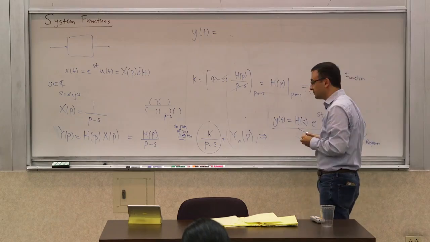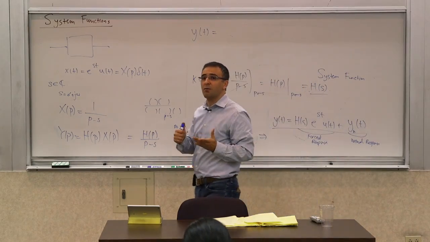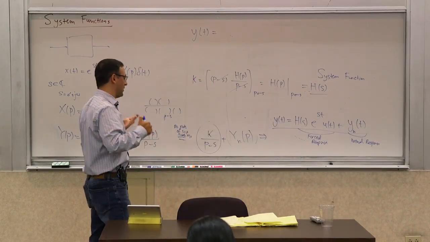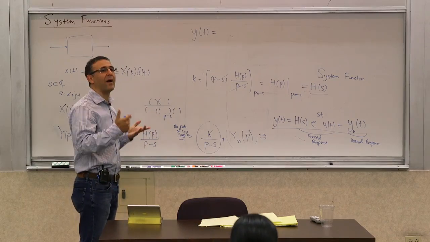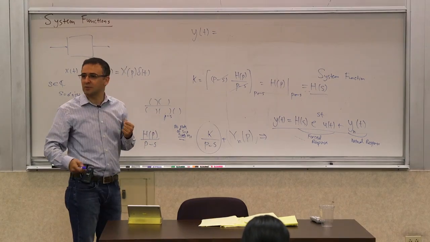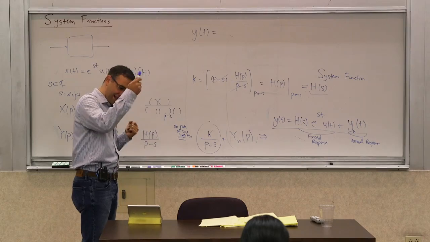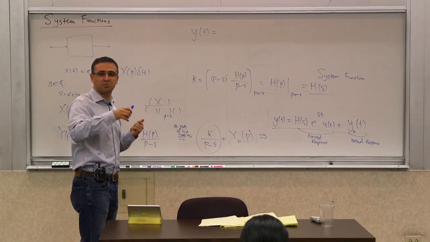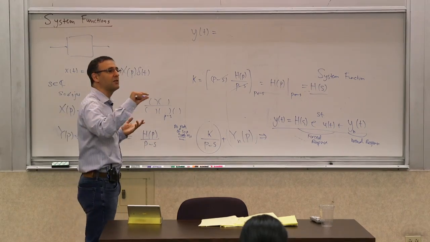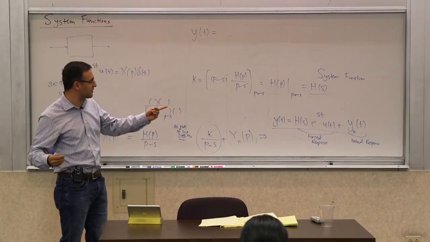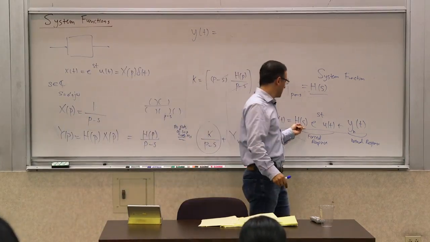It says the forced response of the system is just what you hit it with, with some coefficient, with some weight. So if I hit it with some sinusoid, I'm going to get that sinusoid, for example, but it may get amplified or it may get attenuated. It will have some phase shift because these are complex functions in general.